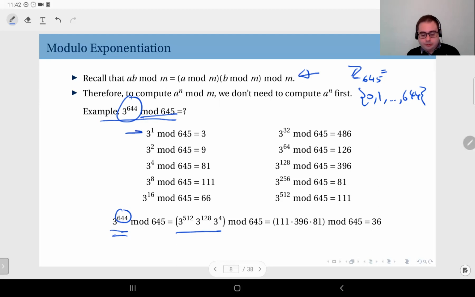See, you start with 3 to power 1, which is obviously 3, and then you take its square. 3 to power 2 is 9 modulo 645. 3 to power 4 is the square of 3 to power 2, which is the square of 9. So it's 81 modulo 645. And next step, you get 3 to power 8, which should be congruent to the square of 81.